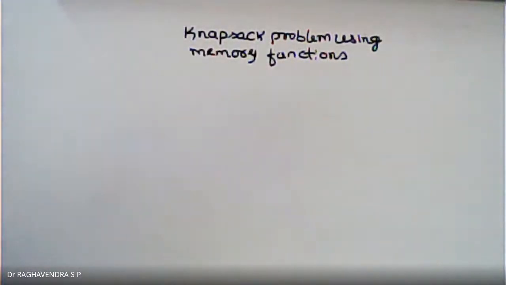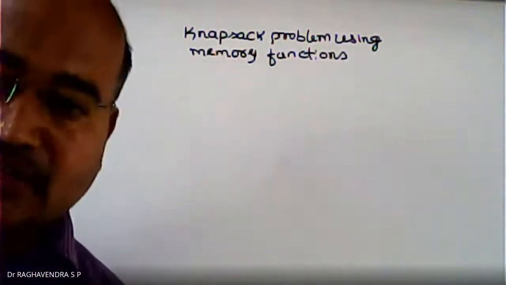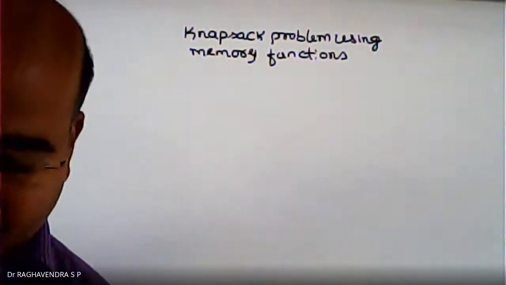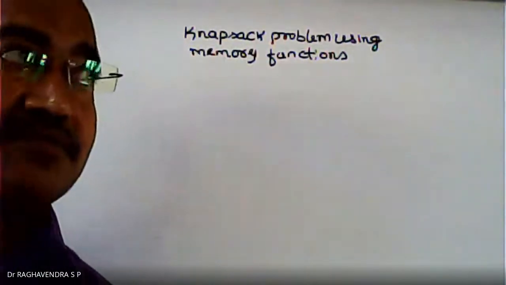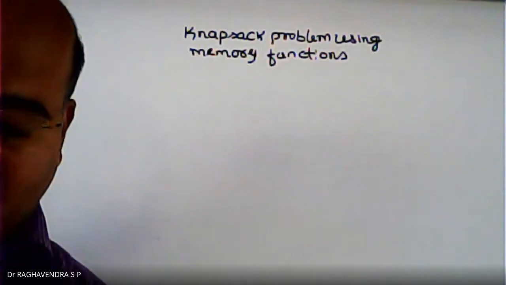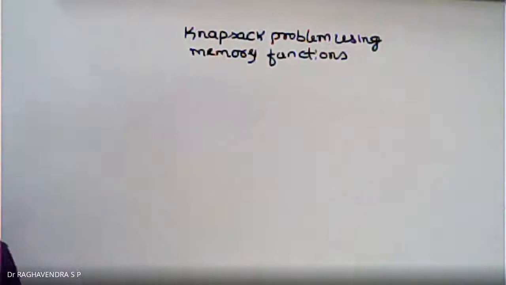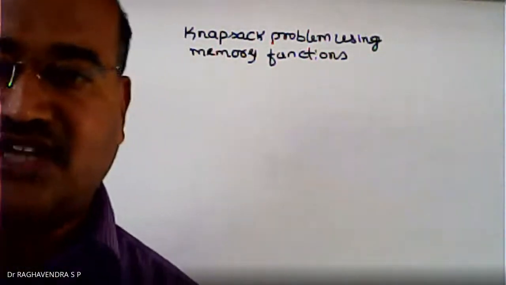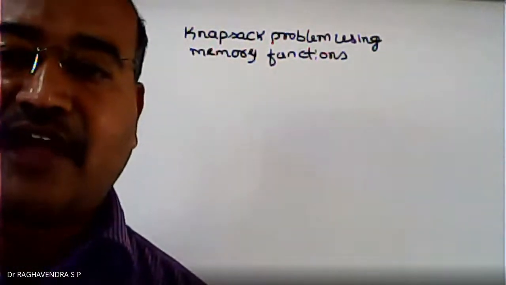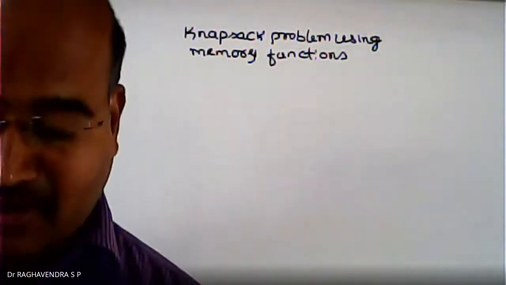In top-down approach, the algorithm solves common subproblems more than once. Have you noticed it? The same value we have obtained, we repeatedly solve. That is the drawback, we can say.